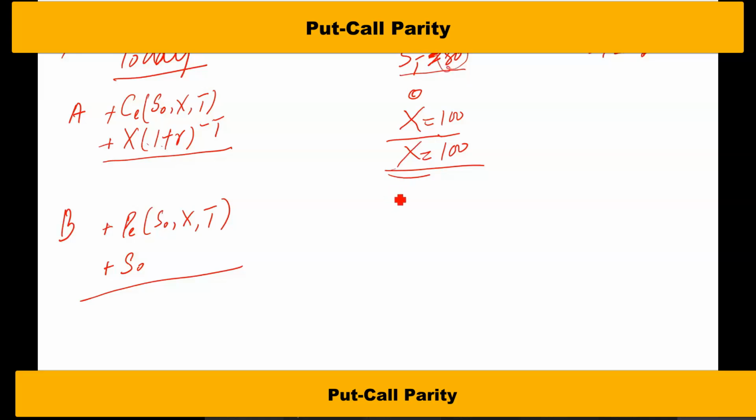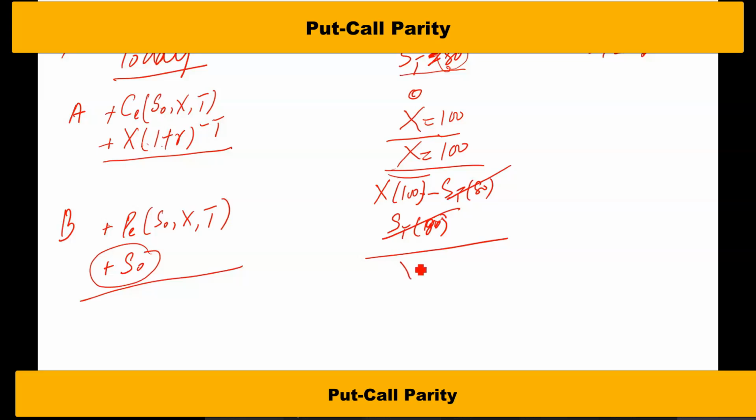I will receive X, which will be 100, and then I will deliver the stock, which is worth ST. ST is 80, and I already have the share with me, which was worth S0 and is now worth ST, which is 80. So this crosses with this, and I am left with X, which is 100.